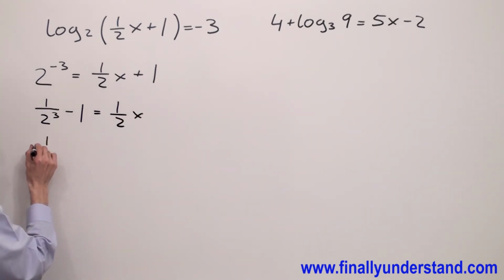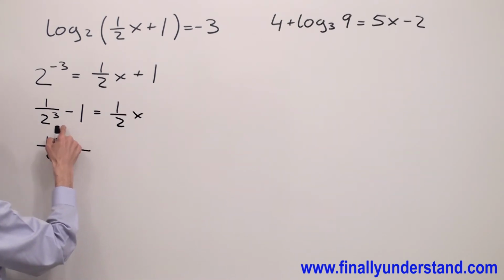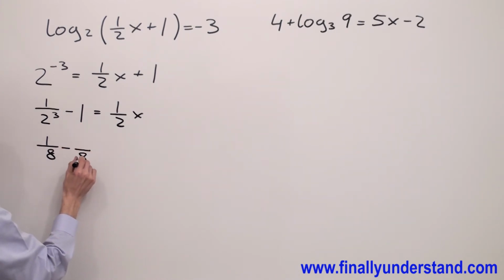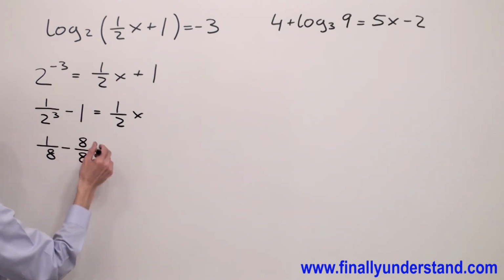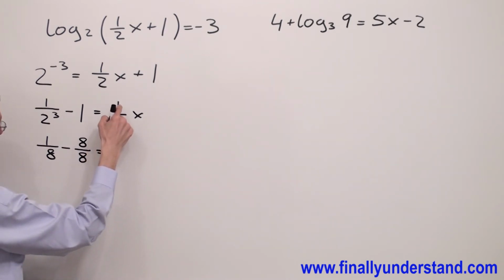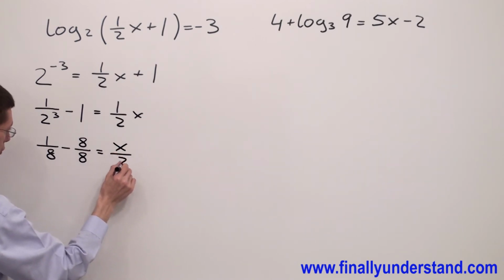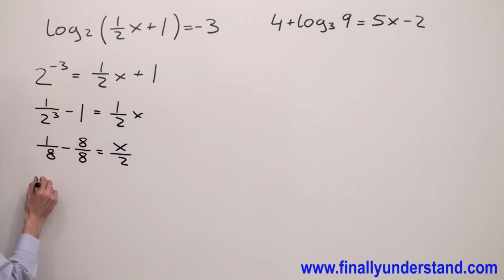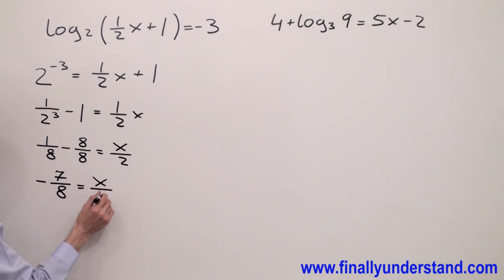This is nothing else, just 1 over 8 minus, because I have a whole number and I'm dealing with a fraction, I'm going to convert this 1 to a fraction. The common denominator is going to be 8, and in the numerator you are going to have also 8, because 8 divided by 8 gives me 1, equals 1/2 x, which is nothing else, just x over 2. 1 minus 8 is equal to negative 7, so I have got minus 7 over 8 is equal to x over 2.